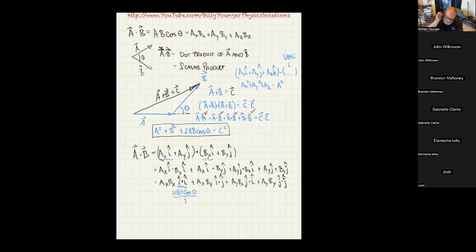What do you think we're going to get when we do i hat dot j hat? Anybody? i hat, remember, has a magnitude of 1. j hat has a magnitude of 1. But what's the angle between i hat and j hat?